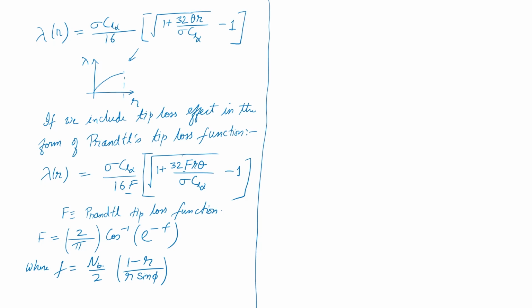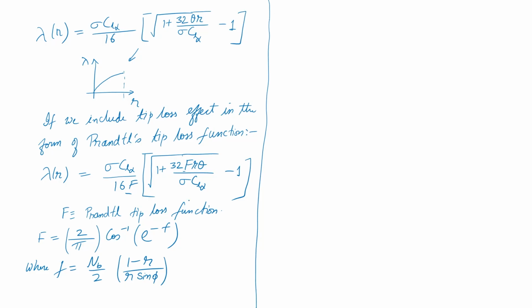N b is your number of blades, phi is your induced inflow angle. Okay. So, there is some connection to the physics, but it is just a curve fit. So, we are artificially applying a curve correction which will change my inflow near the blade tip.